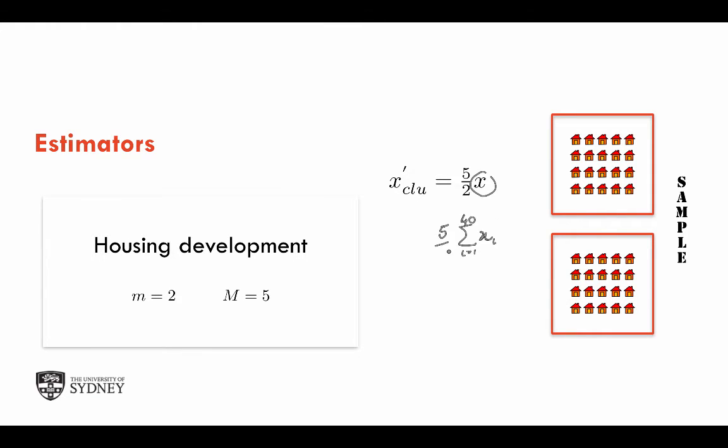I can use the weight of representation by multiplying this by 5/2. And this is the estimator for the total based on the cluster. So more generically, the total estimator is given by the number of clusters in the population divided by the number of clusters in the sample, times the total sum in the sample.